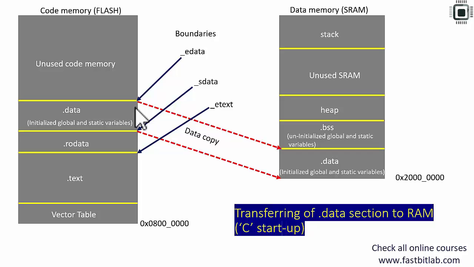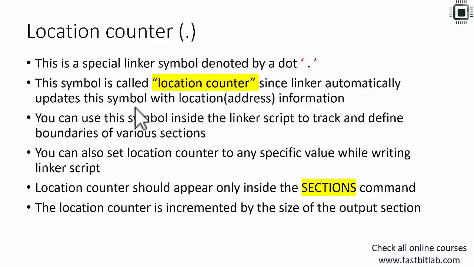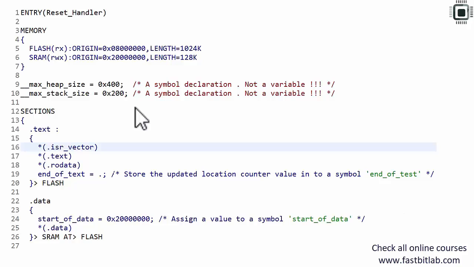We are writing a linker script, which is just a text file which is going to be parsed by the linker. That's why we cannot create any variables to catch or store the boundary information and other things. That's why we have to create some symbols. That's what we call linker script symbols.